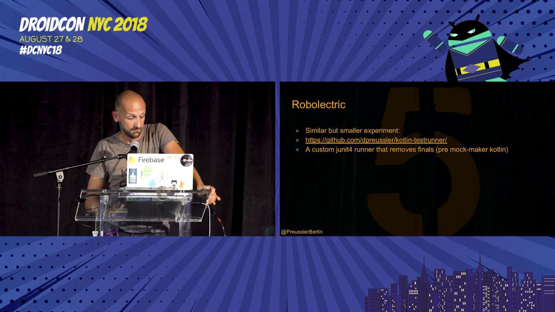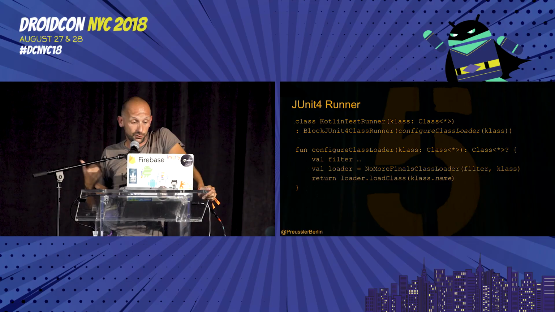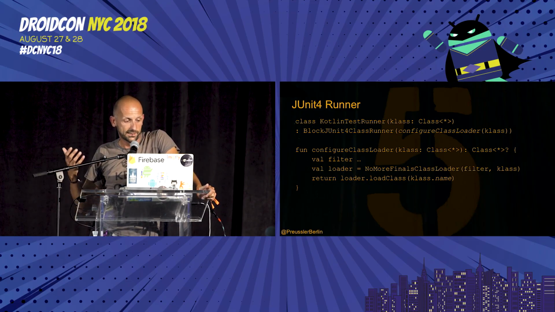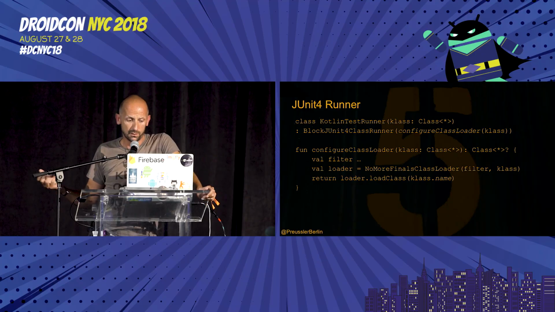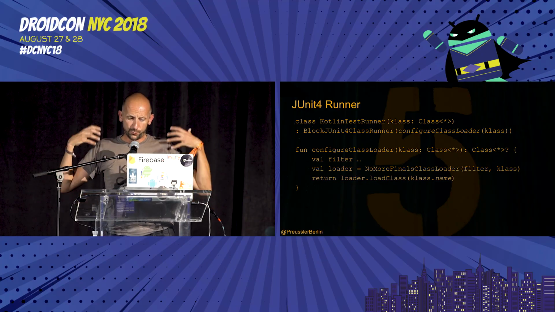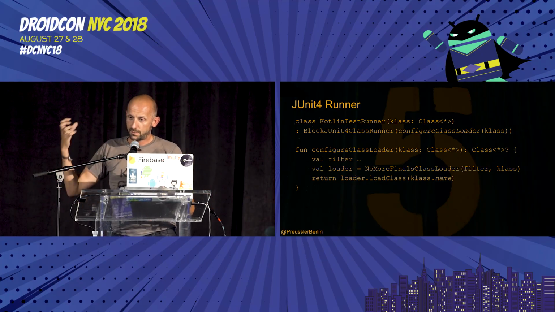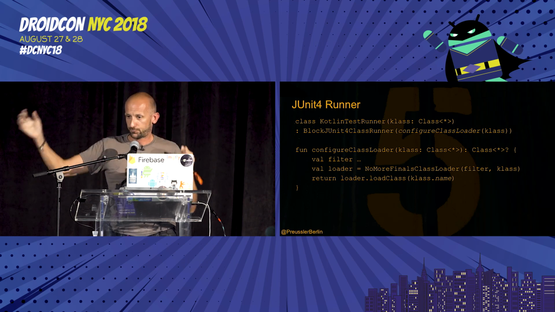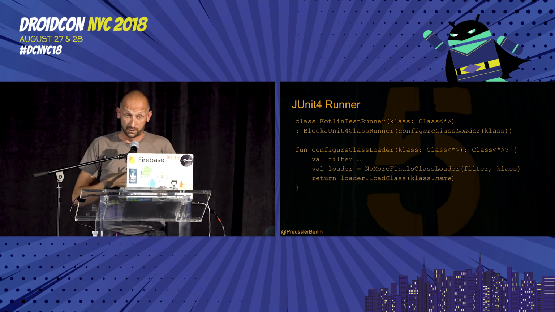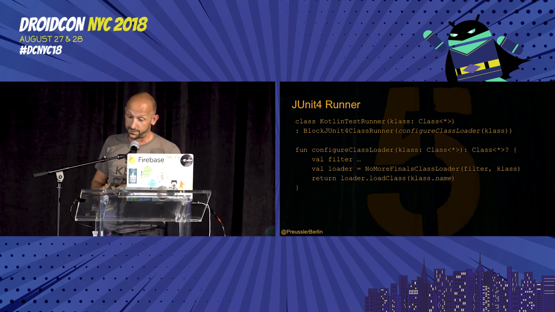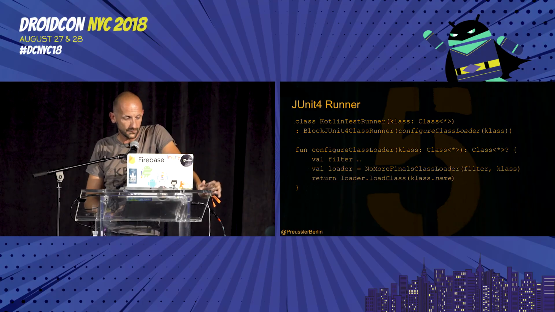So I looked into this, and this is basically the implementation that I have there on the repo. It extends the BlockJUnit4ClassRunner and creates a new class loader, then modifies the class and passes it to super. If you want to know more about class loading, there's actually a talk later about class loading. But this is how it works right now.